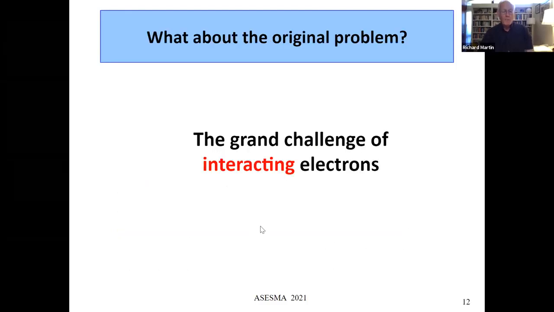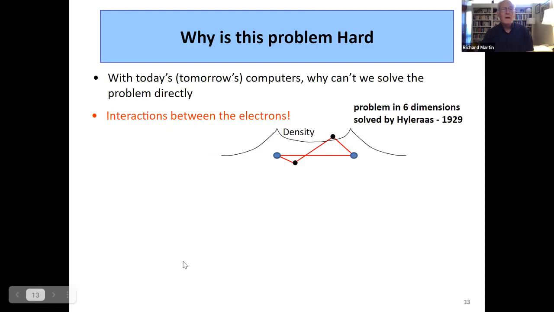So what about the original problem? The original problem was this grand challenge of interacting electrons. How do we actually approach that problem? So why is the problem hard?